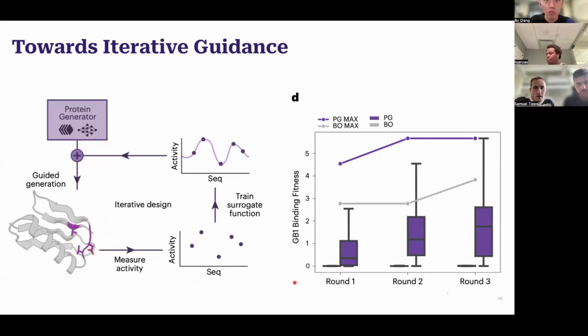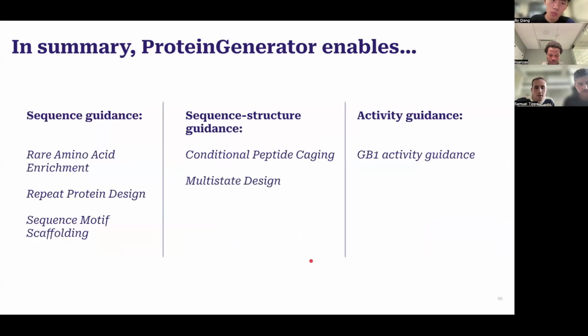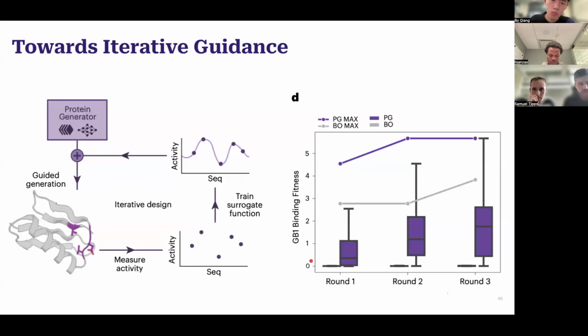And so basically how this worked is in round 0, both the BO and the PG formulations were seeded with an initial set of designs that were made from the model.